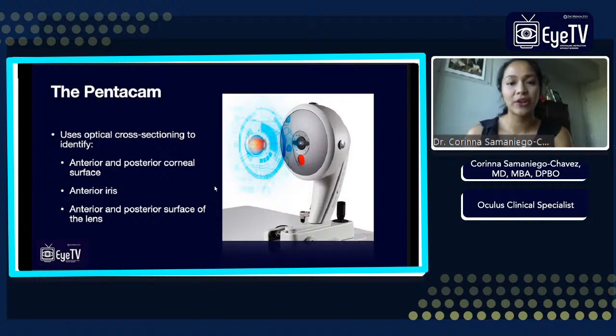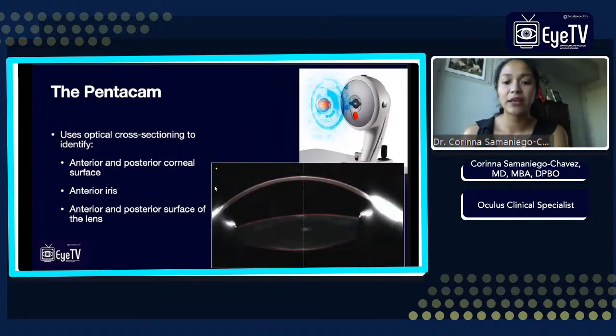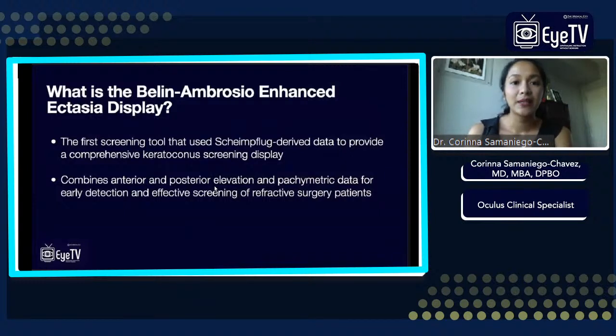Now, as we introduced in the last episode, the Pentacam makes use of Scheimpflug images to identify vital anterior eye structures. By measuring these surfaces and their relative position, elevation maps of the anterior and posterior cornea can be produced, as well as a full corneal thickness map. The Belin Enhanced Ectasia display, or the BAD-D, was the first screening tool to utilize the data supplied by the Pentacam's Scheimpflug images to provide a comprehensive keratoconus screening tool.